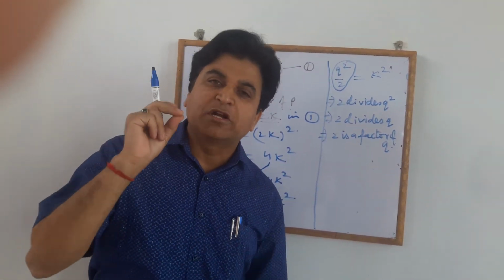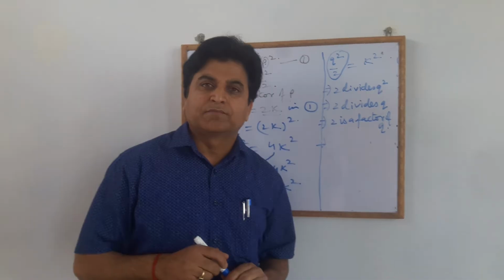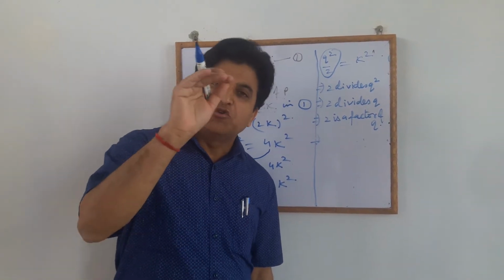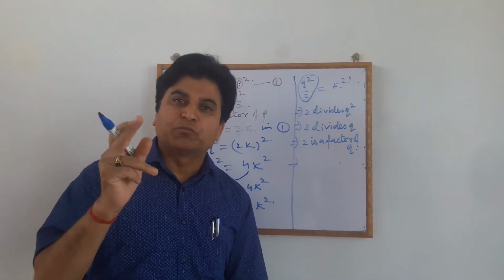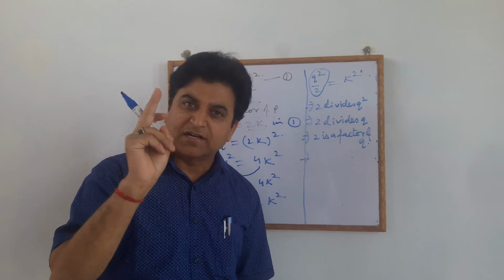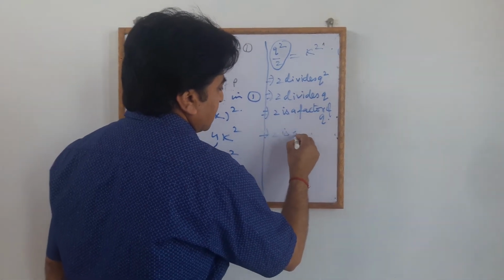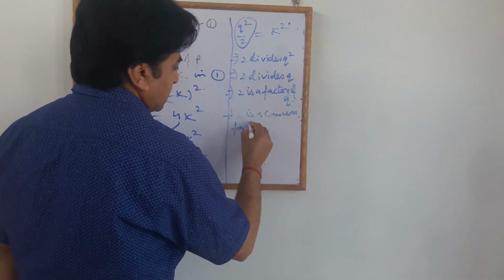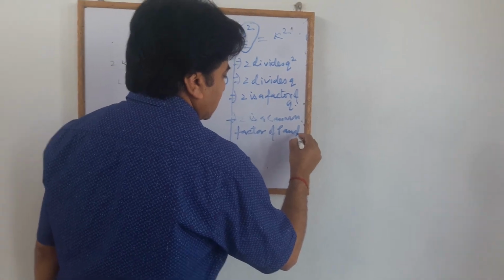What does it mean? That 2 is a common factor of p and q. Means p means numerator, q means denominator. It means 2 is a common factor of numerator and denominator. What it contradicts is the fact we have supposed, that p and q are co-primes. They have only one common factor, that is 1. So 2 is a common factor of p and q.